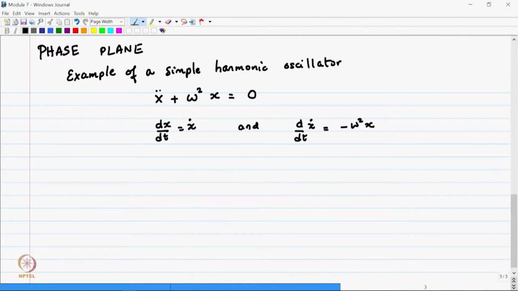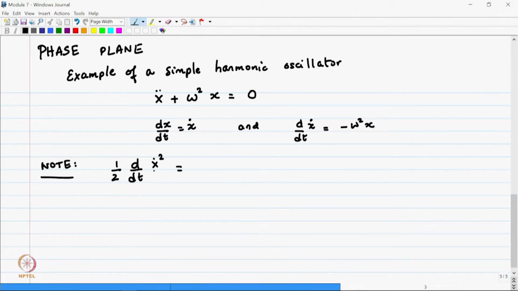And what we will do is we will notice that if you look at d by dt of x dot square, this is equal to 2, or let me put a half here. If I put a half here, then that will cancel the 2.